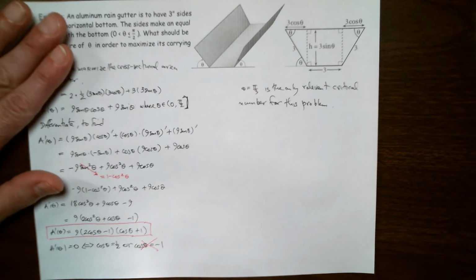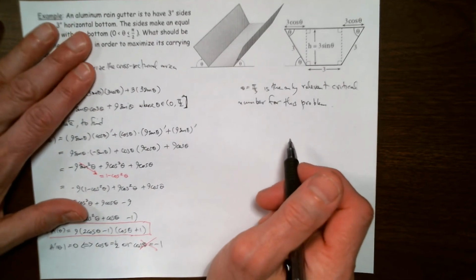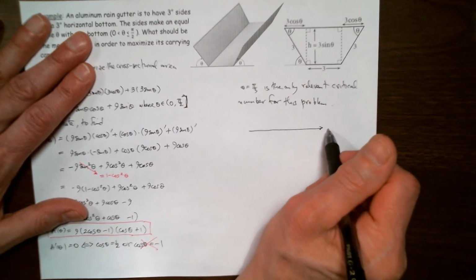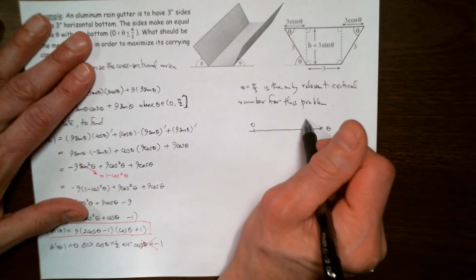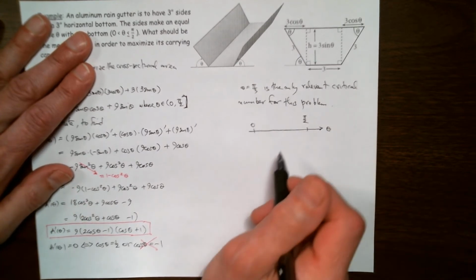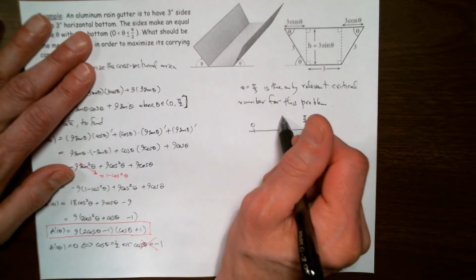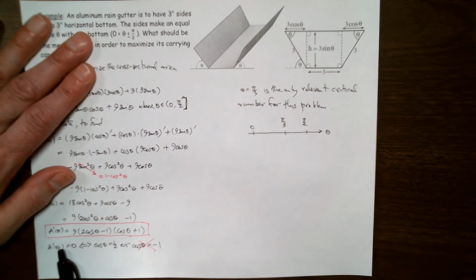Right. So given that, we will take our theta interval from 0 to pi over 2. So let's say here's pi over 2, and we partition that interval into two subintervals based on our critical number, pi over 3.